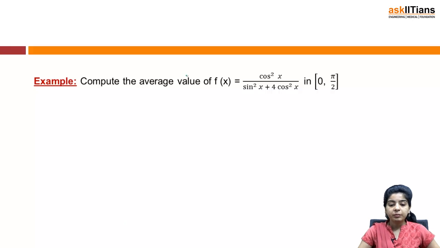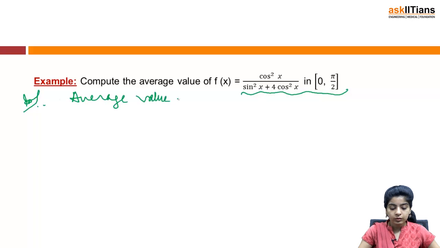We have an example based on this. Compute the average value of f(x) equal to cos square x by (sin square x plus 4 cos square x) in 0 to pi by 2. So average value of f(x) is equal to cos square x by (sin square x plus 4 cos square x).